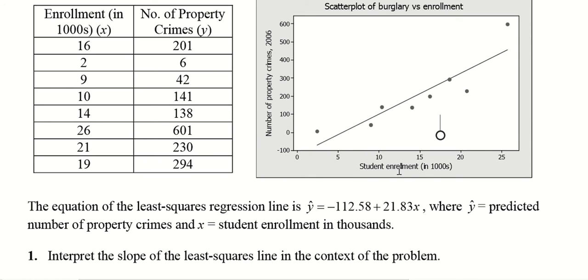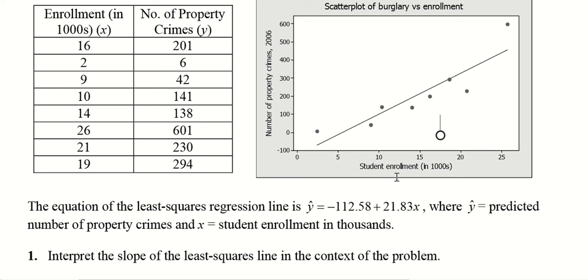So for each additional 1,000 student enrollments at one of these particular schools in the state, the number of property crimes in 2006 are estimated to increase by 21.83 crimes, I guess you could say, on average. You have to end with the expression "on average" or wiggle that expression into your statement somewhere.